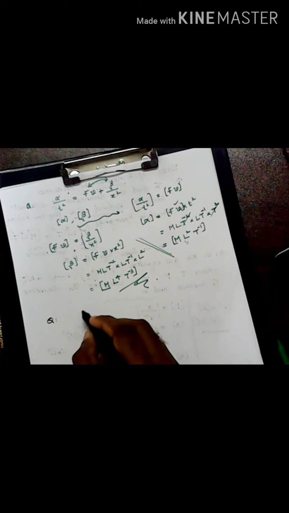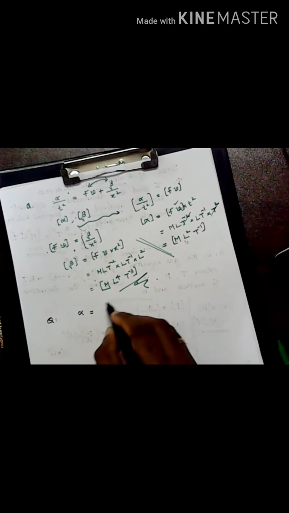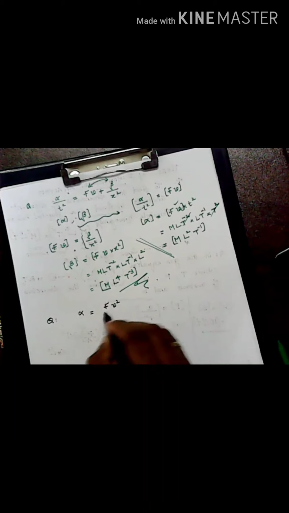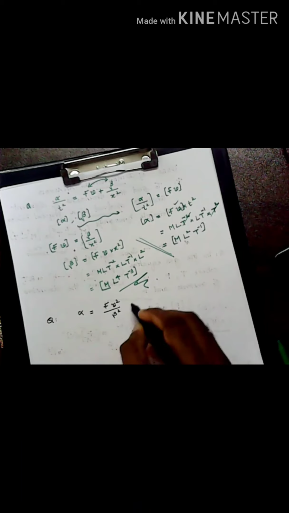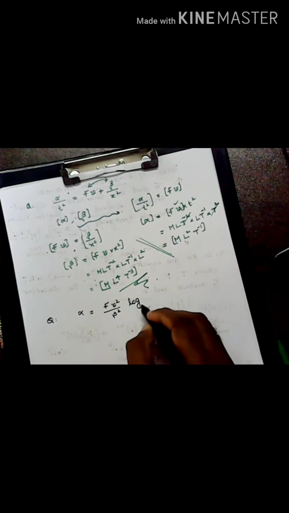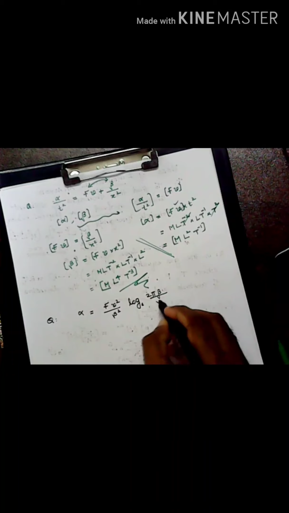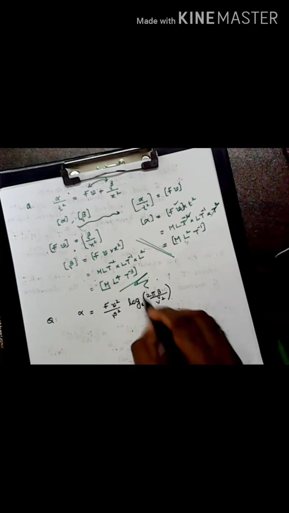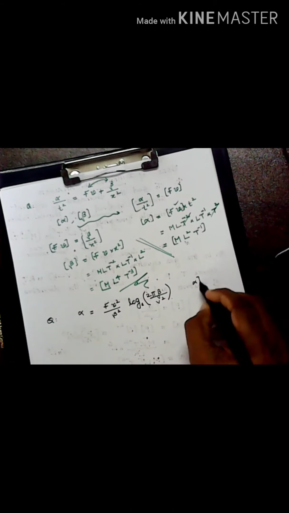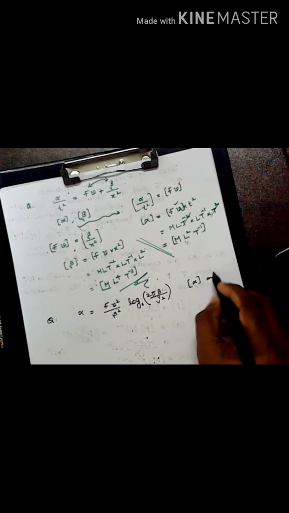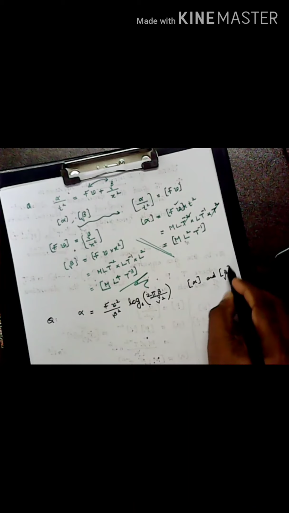Very good question. It is given that alpha equal to fv square by beta square into log to the base e of 2 pi beta division by v square. Then find the dimension of alpha and beta. That is the question.